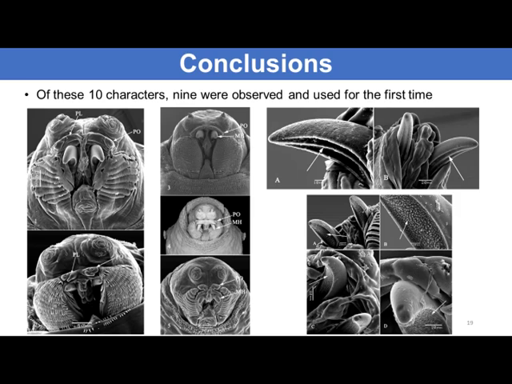We have discovered that some species have a medial carina, and some have a very rough ventral surface of the mouth hook. Also, we use the position of the preoral organ. Some larvae have the preoral organ lateral to the mouth hook, or anterolateral to the mouth hook, or anterior to the mouth hook.